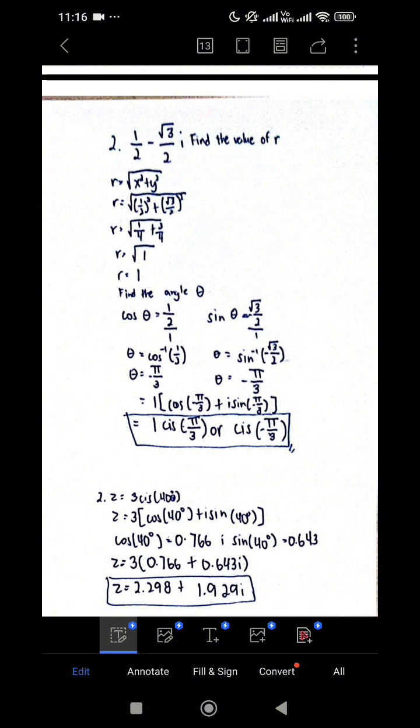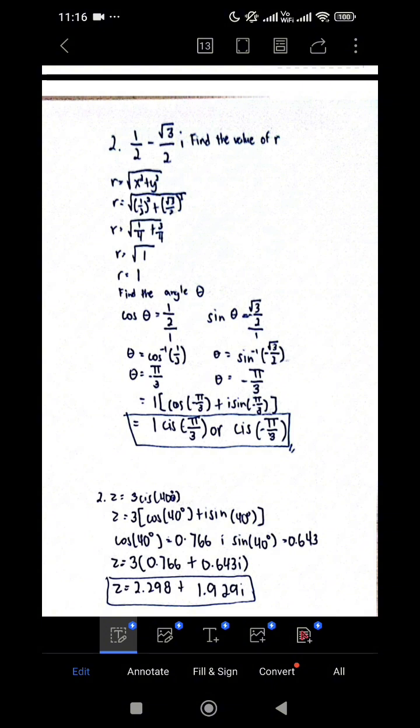Then sine theta, also the same, just substitute. Theta is equal to sine inverse of negative square root of 3 over 2. Then we get theta is equal to negative pi over 3.